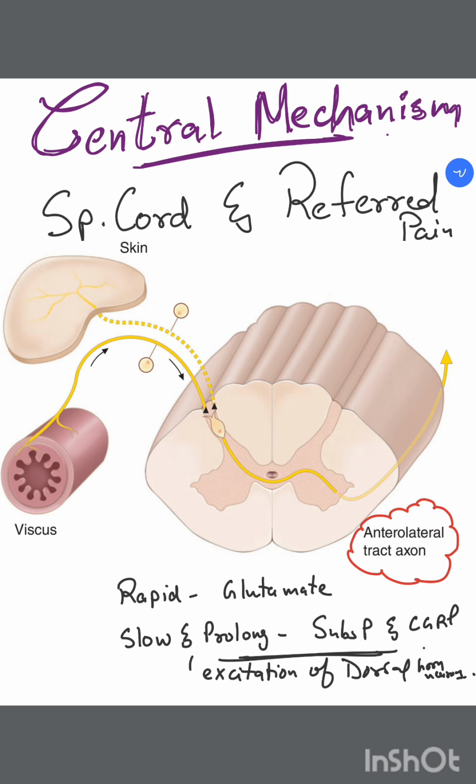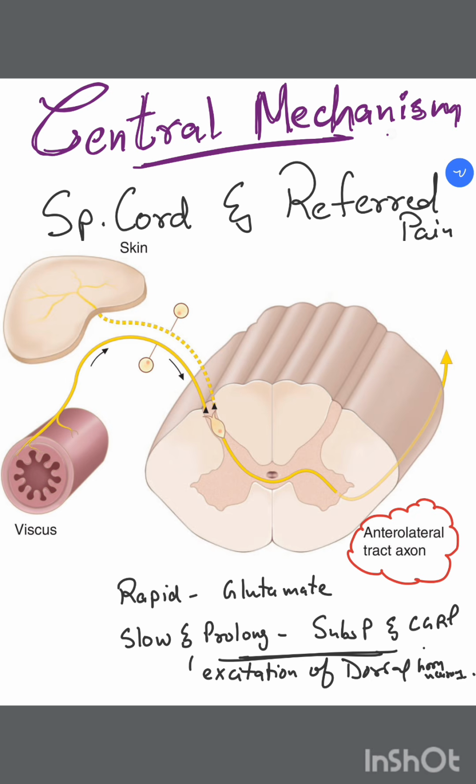So here, you see, the first neuron, that is our primary afferent neuron, ends here. Then the second spinal neuron starts. It crosses the midline, goes to the opposite side, lateral side in the white matter, and travels upwards. Okay, so basically, as we have learned in our physiology classes, there were spinothalamic tracts which carry pain and temperature sensation, correct?